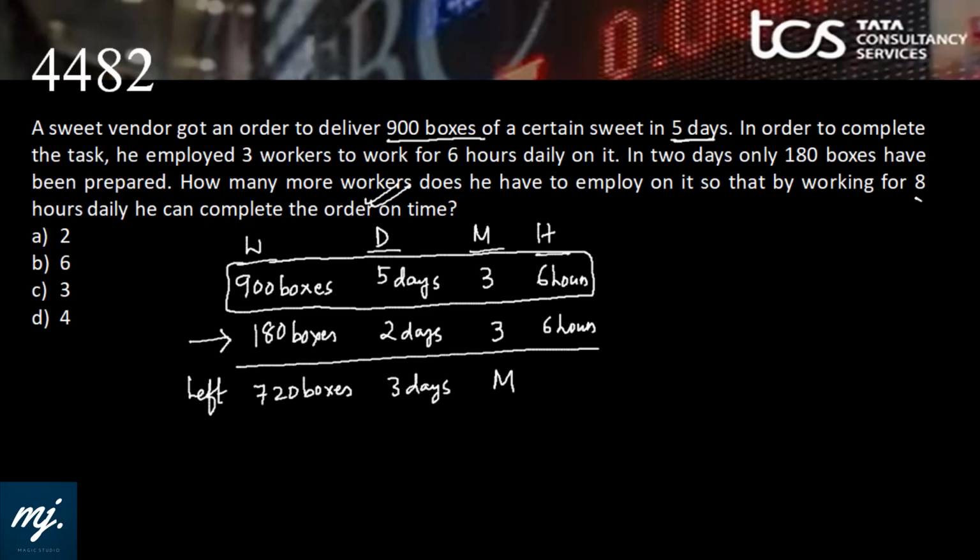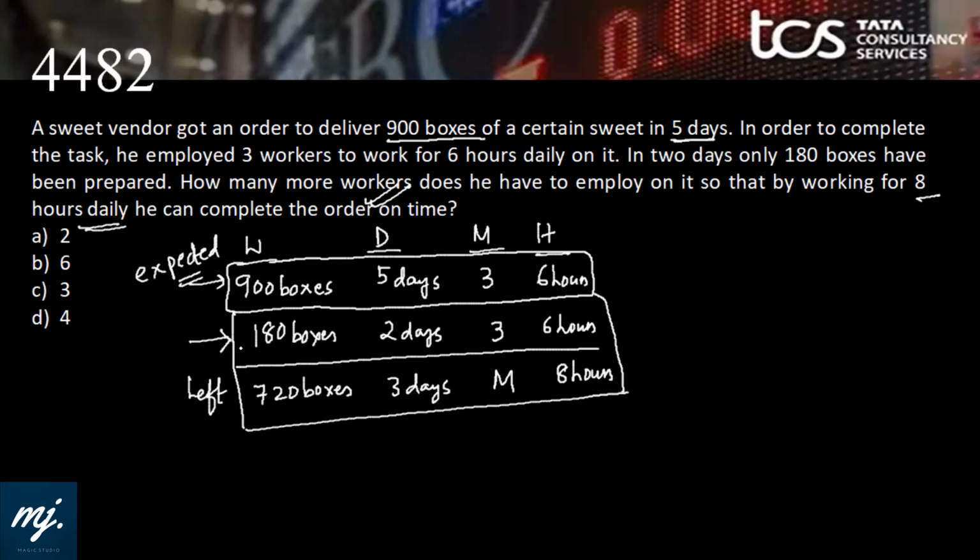And these M people are ready to work for 8 hours daily. Now as we can see, this was expected as far as efficiency is concerned. But this is what had actually happened. This is what actually happened, and this is what we need to derive.